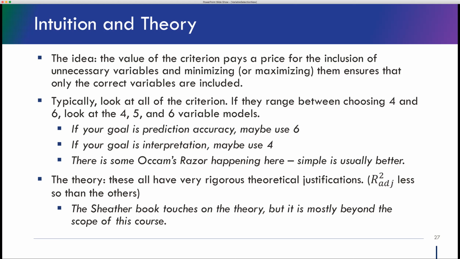Well, for the theory behind these criteria, there are actually some very rigorous proofs of their theoretical justifications, though adjusted R-square is less so than the other three criteria, like AIC, BIC, and Cp.